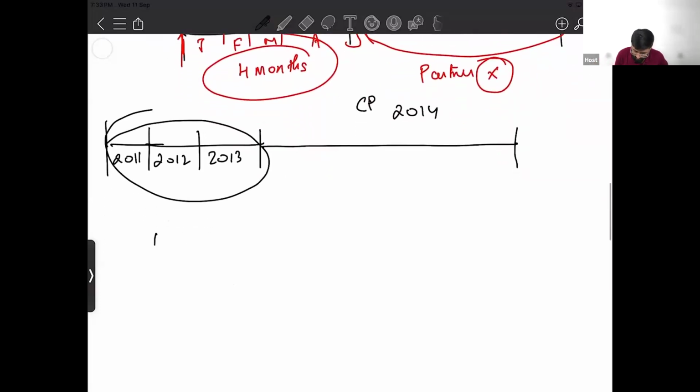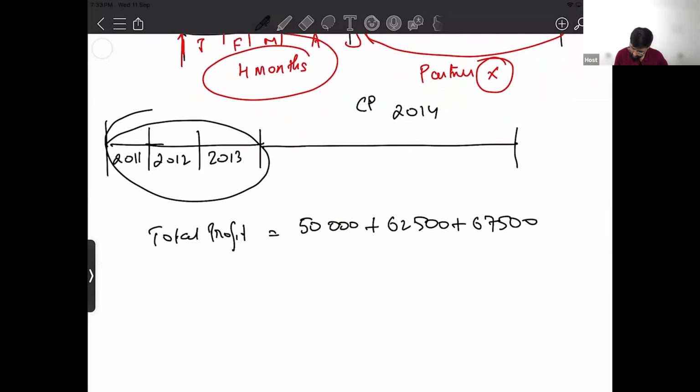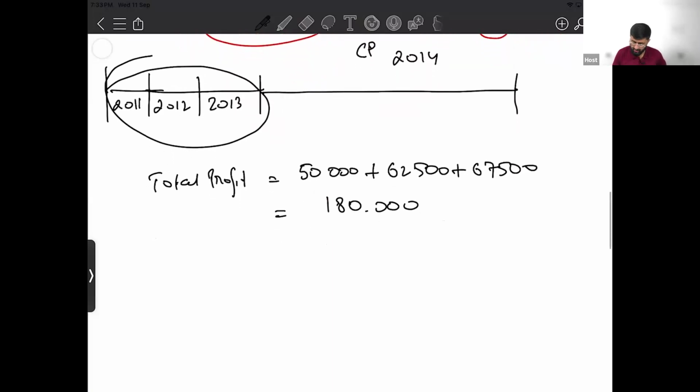Now the total profit. The total profit will be 50,000 plus 62,500 plus 67,500, which is 1,80,000. So we find the average profit.